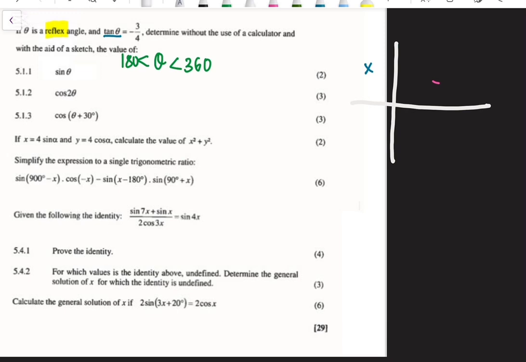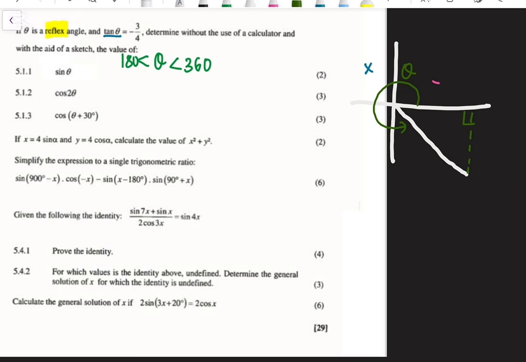But we are told that angle theta is a reflex, so it is bigger than 180. So there is no way that we are in the second quadrant. We are going to draw our terminal arm in the fourth quadrant. And then here is our angle theta, which is a reflex angle. So we have theta, and then let's complete this right-angled triangle. So remember, when you complete it, you always go towards the x-axis.